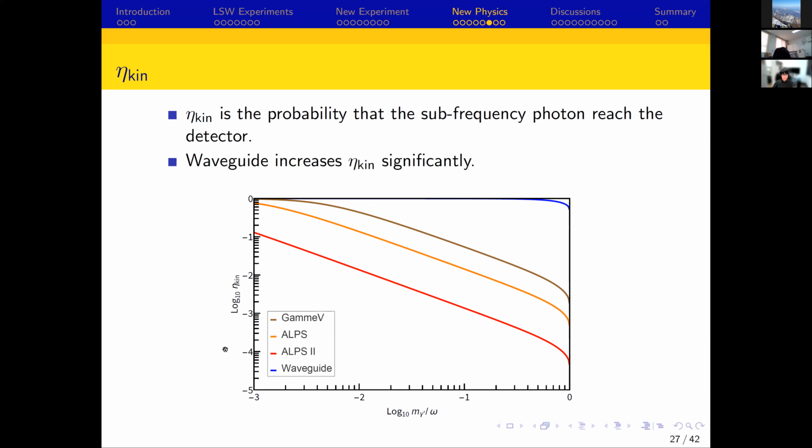You can check that the probability decreases as the mass of X becomes bigger, because it becomes closer to the laser frequency, and then its angular dispersion becomes much larger. Especially ALPS2, the ongoing new LSW experiment, gives a much smaller probability than the two previous experiments, because the detector size of ALPS2 is very small.